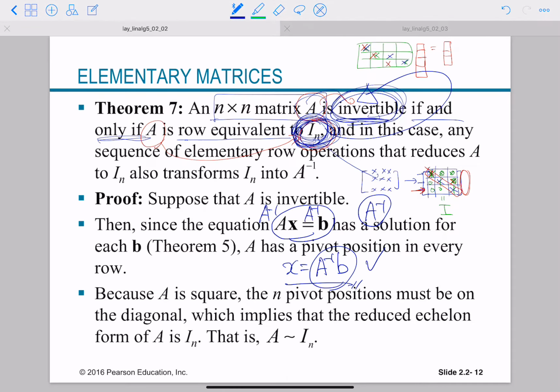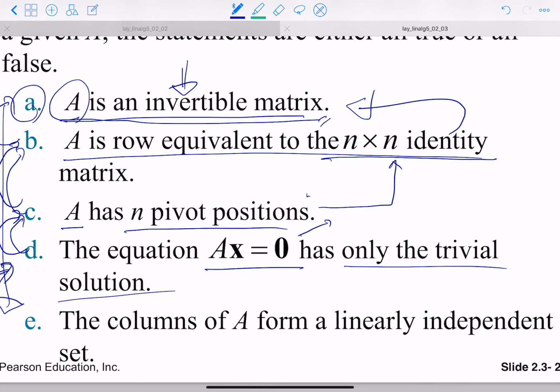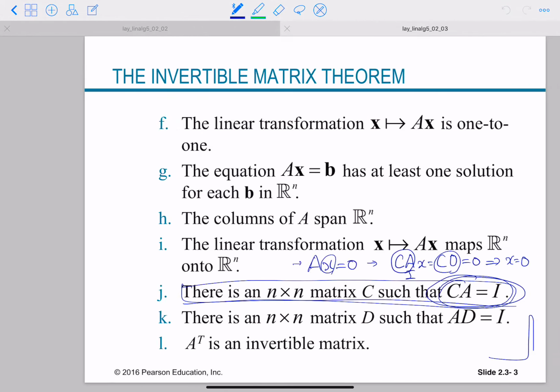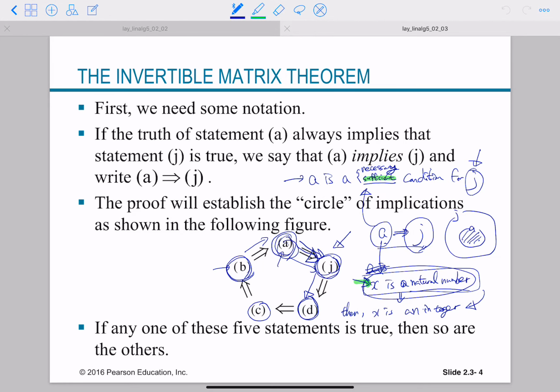Why is it true? We proved it in the previous theorem, right? Okay, so we arrived back at A. So we proved A, J, D, C, and B are all equivalent.